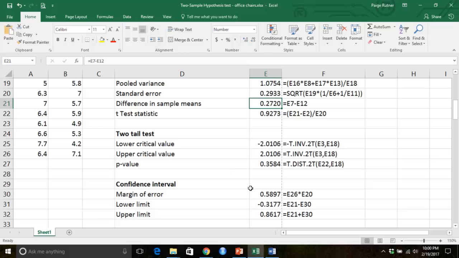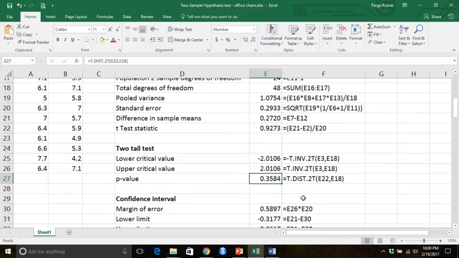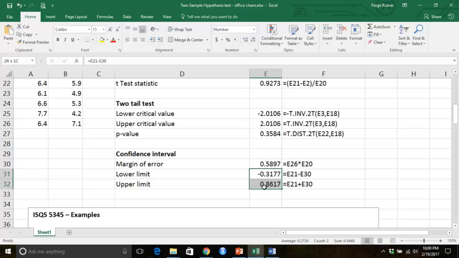So what we have seen here is that by testing our actual test statistic against critical values of t, by computing a p-value and comparing it to our alpha, and by computing confidence intervals and comparing that to our hypothesized difference, we have reached the same conclusion that we will not reject the null hypothesis.